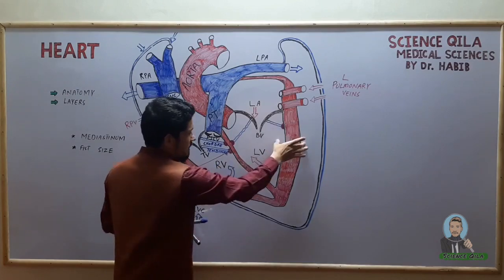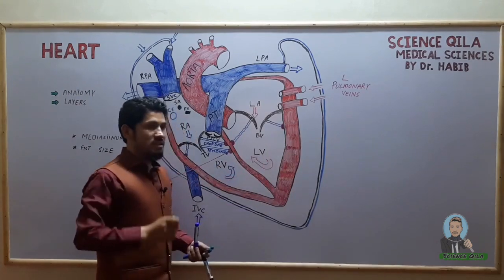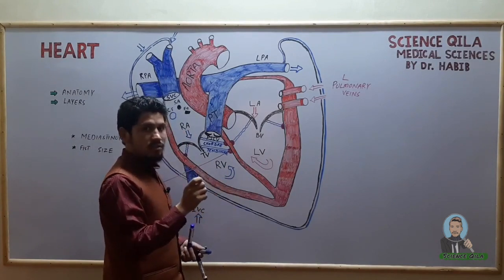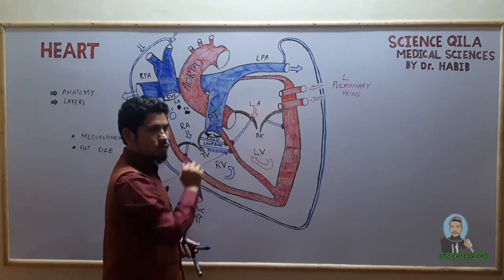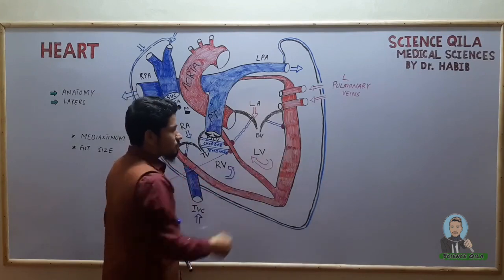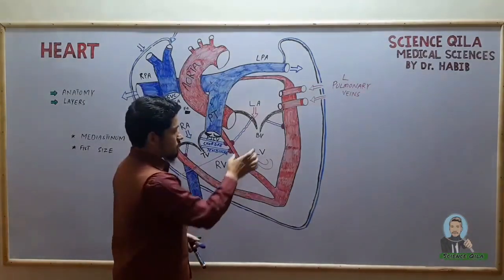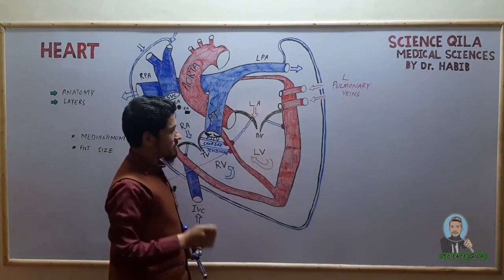ventricle. And this left ventricle has the thickest musculature composition in the whole heart, because it has to pump the blood towards all parts of the body. That's why the muscle composition is very high.